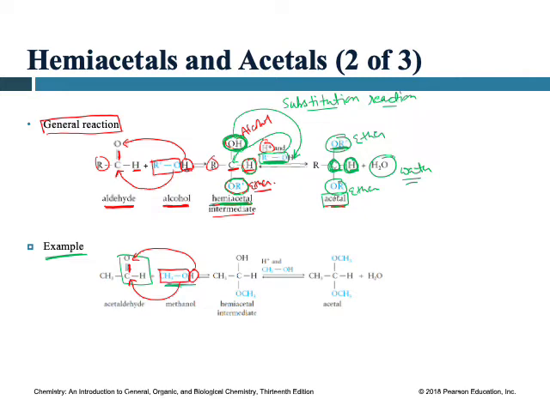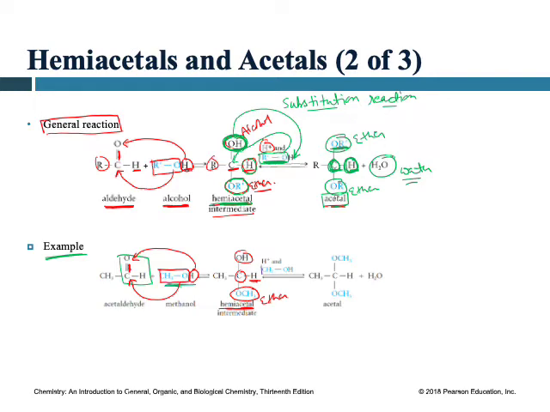So the top one is going to convert into the alcohol part, the bottom one is ether, and the carbon that has both of these groups is attached to the hydrogen. So this is hemiacetal. But if we react this hemiacetal with one more molecule of alcohol, then what's going to happen?